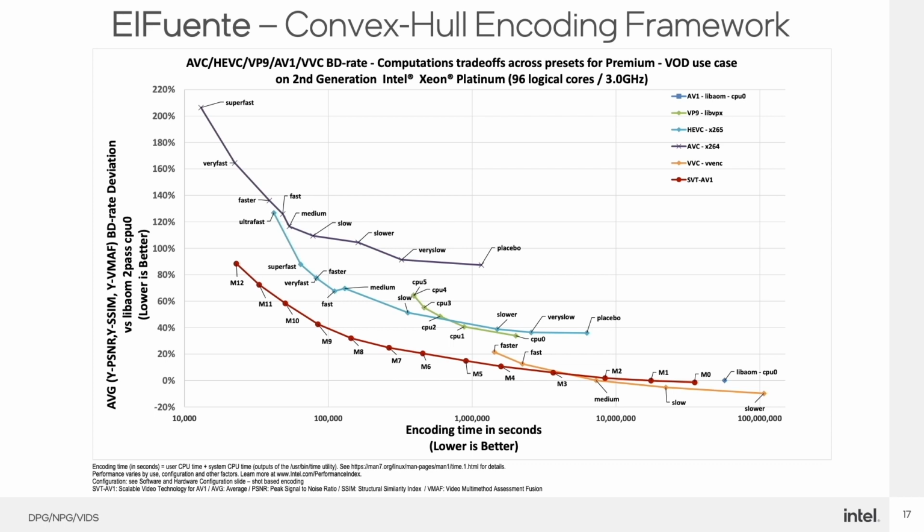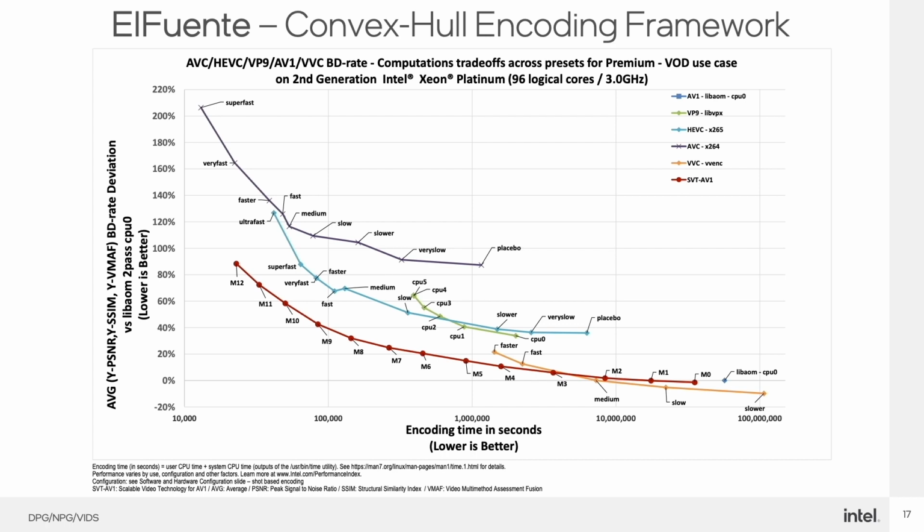For AV1, we've selected libaom CPU0 as a quality reference for this graph. We have selected libvpx for VP9, x265 for HEVC, x264 for AVC, and VVenC for VVC, and ultimately SVT-AV1 also for AV1.